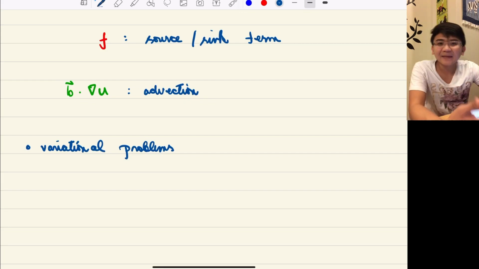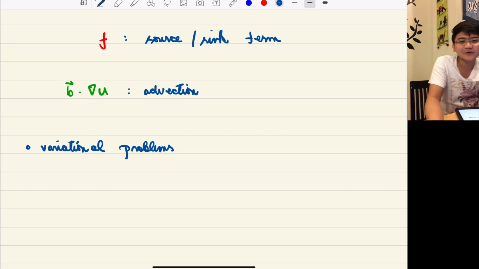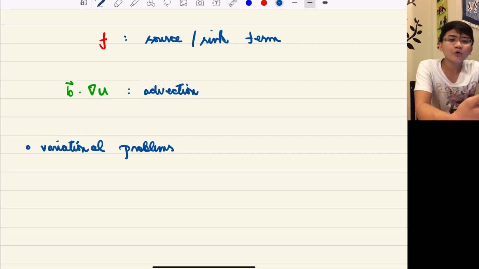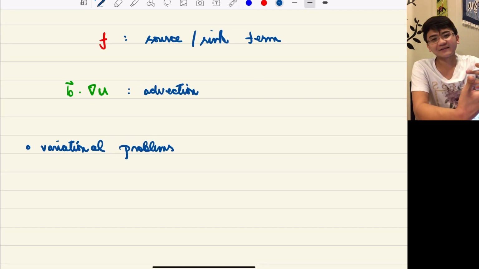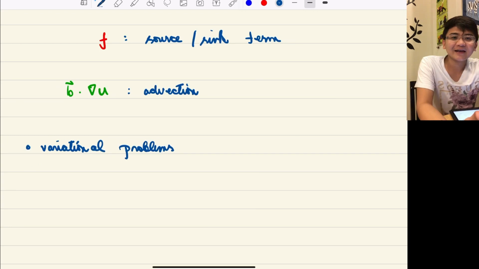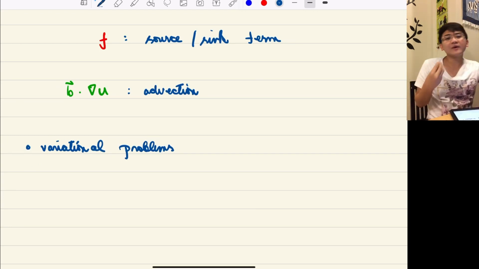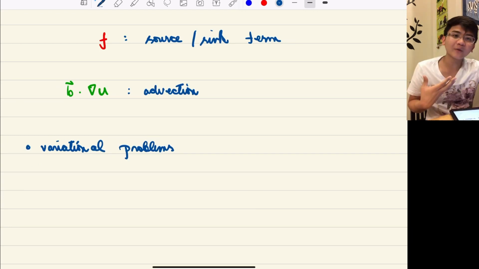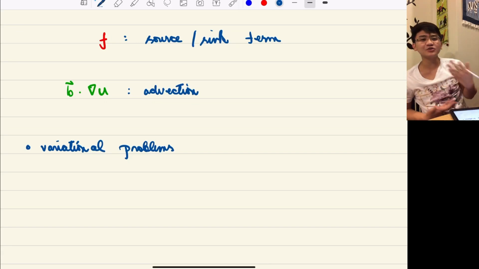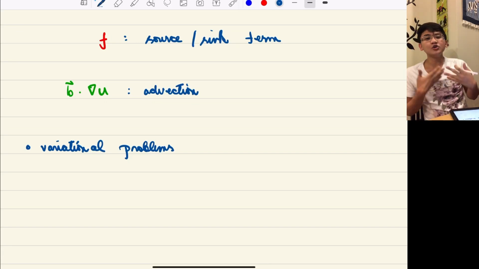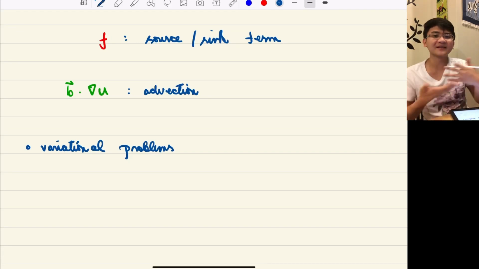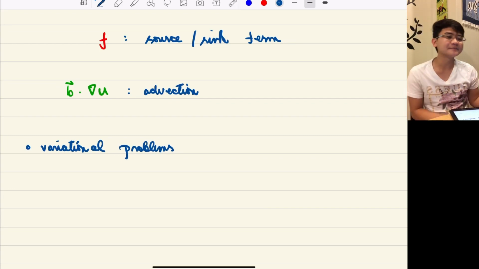For example, in mechanics, I'm not a physicist, so I'm not quite sure, but you minimize what you call a Lagrangian, and minimizing this is equivalent to solving the same equations that you get when you apply Newton's second law, some kind of a balance of forces.